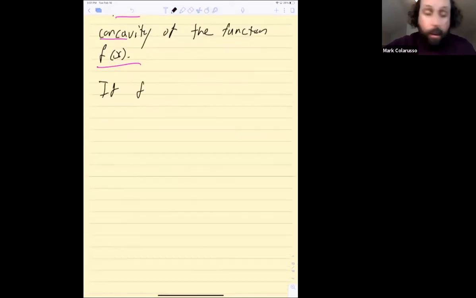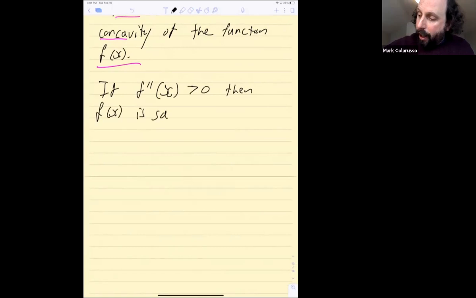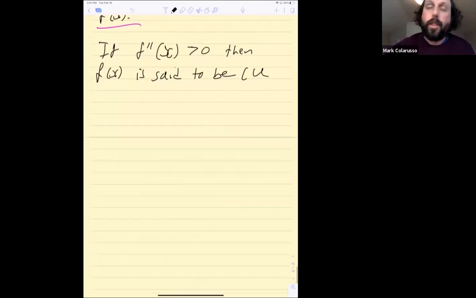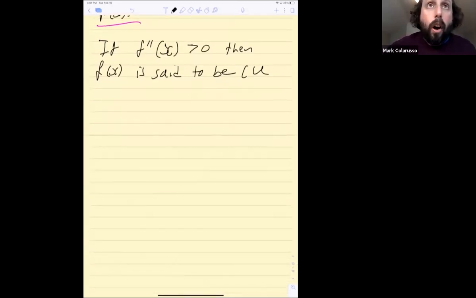If f prime at x is positive, then f at x is said to be concave up. I'll just say CU. And so that means the tangent lines are increasing.